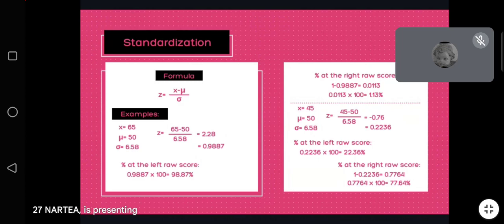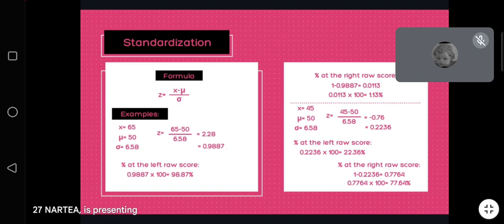We can not only compute for the left side, we can also compute for the right side of the raw score. To do that, we only have to subtract it from 1.